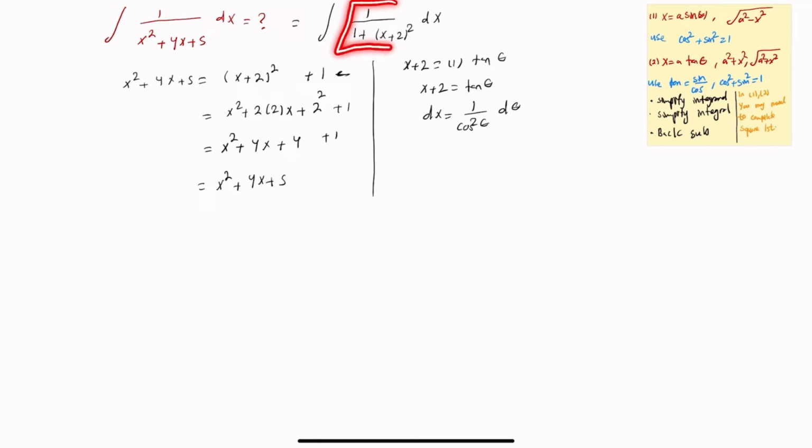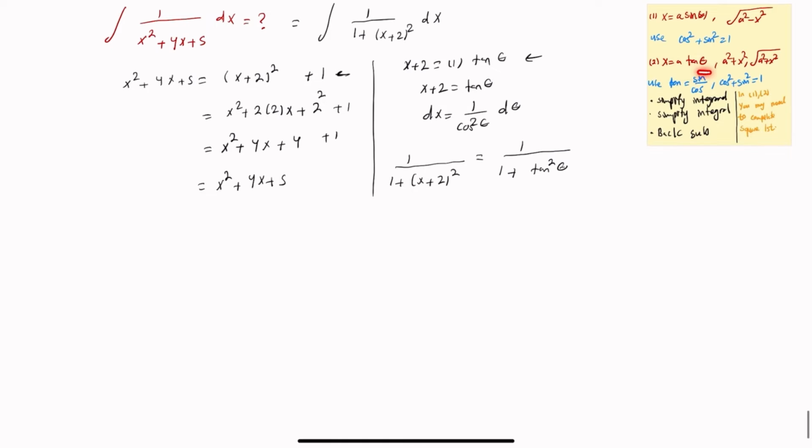Now I'm going to take the integrand here and try to write it using the tangent substitution. So we have 1 over 1 plus (x plus 2) squared. That's going to be equal to 1 over 1 plus, and then x plus 2 is just tan of theta, and that is squared. So we have tan squared of theta.